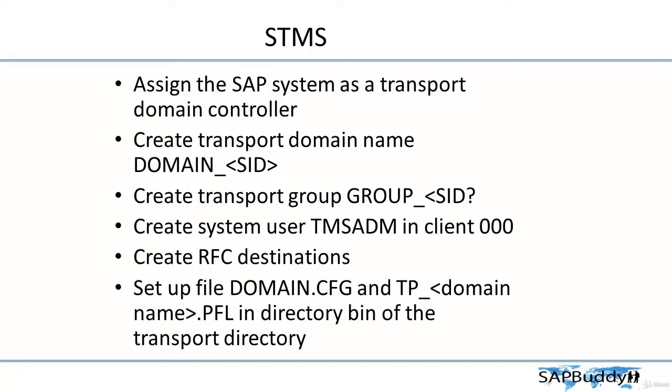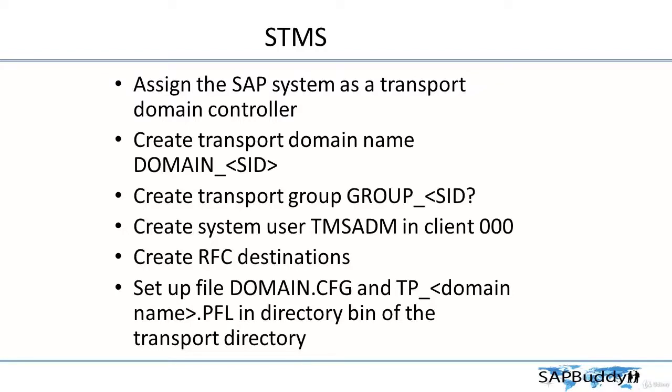So let's go back. When you are doing a configuration in client 000, first you will run the transaction code STMS in client 000. At that stage, this will do quite a lot of activity in your SAP system.